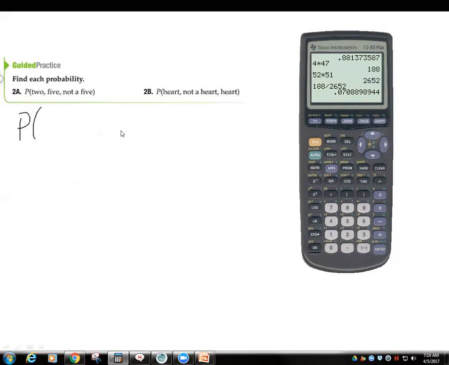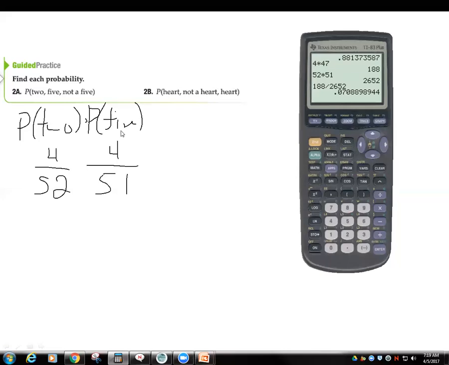Probability of getting a 2. That's 4 out of 52. Probability of getting a 5. That'd be 4 out of 51. Probability of not 5. Okay, so you have 52 cards. Minus 4 of them that are a 5.